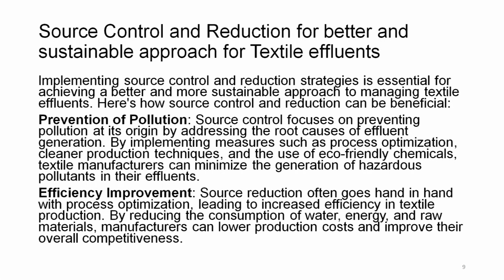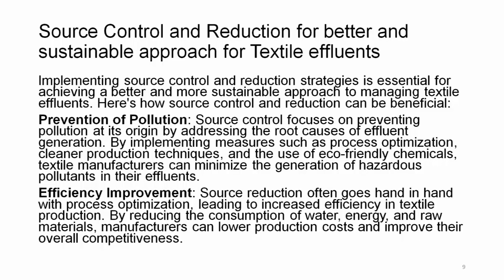See, if we control the source which is actually causing pollutants, and we can reduce it, optimize it, make it optimal, that itself will be a big help in reducing the load in the textile effluent of organic pollutants. Prevention of pollution. Source control focuses on preventing pollution at its origin by addressing the root causes of effluent generation.